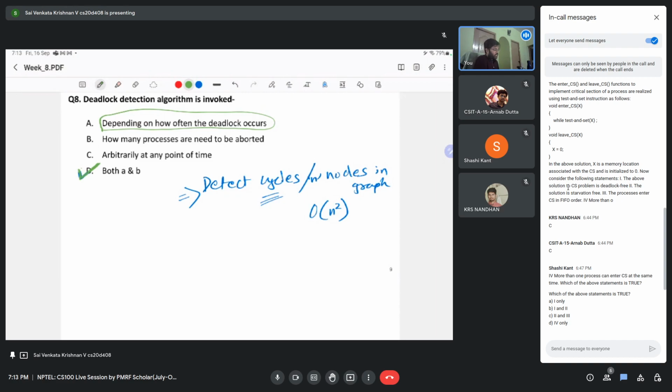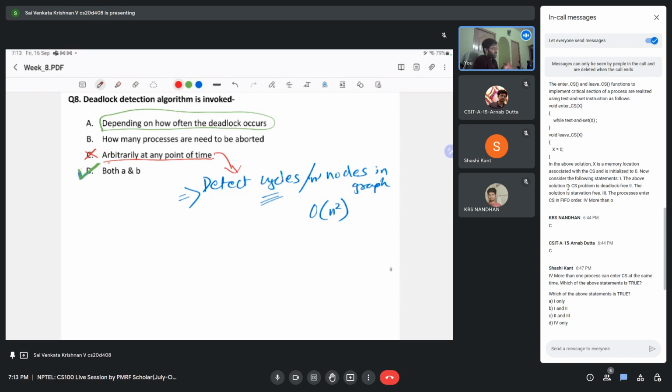And option C is the wrong choice, because if you blindly run the detection algorithm arbitrarily, without any heuristics, there might be cycles, but all these cycles might not result in a deadlock.